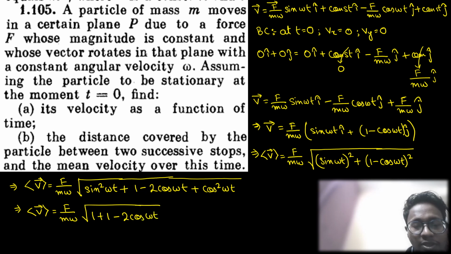Okay, 1 plus 1 is nothing but 2. If I take 2 common, it would be 1 minus cos omega t.